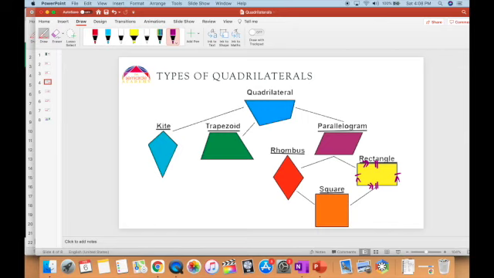Isn't that true for a square? That the opposite sides are equal and parallel, eh? Yes, sir. But what a square has that a rectangle doesn't have, what is it? All four equal sides, right?